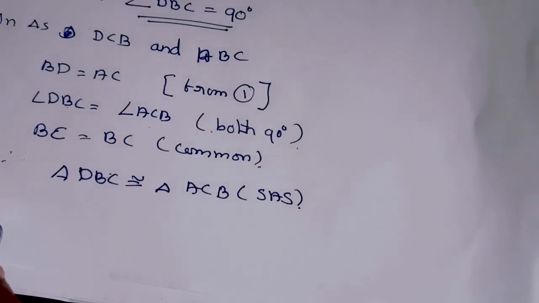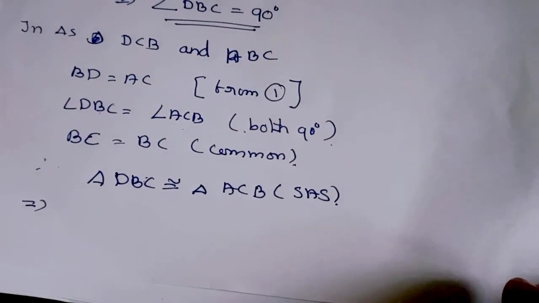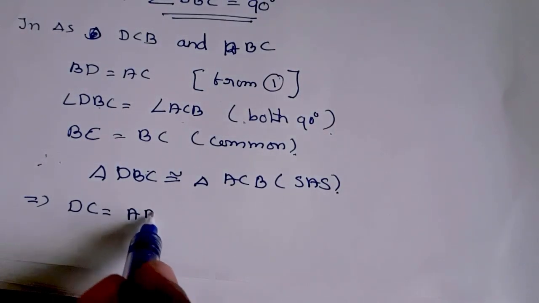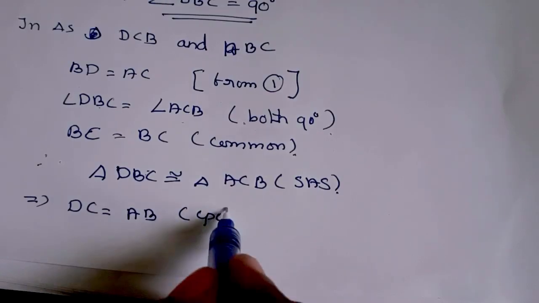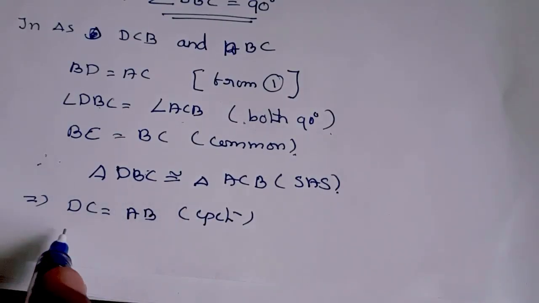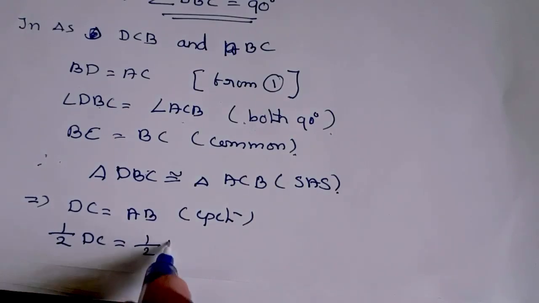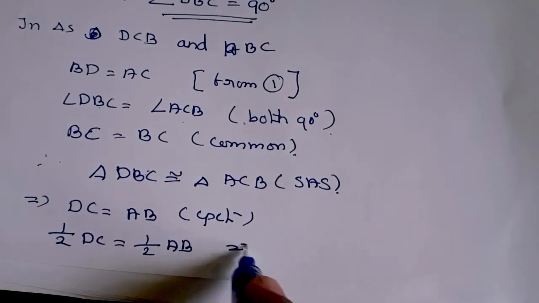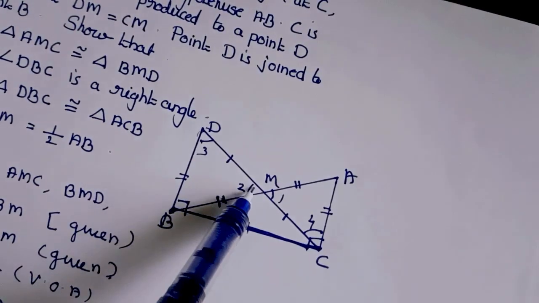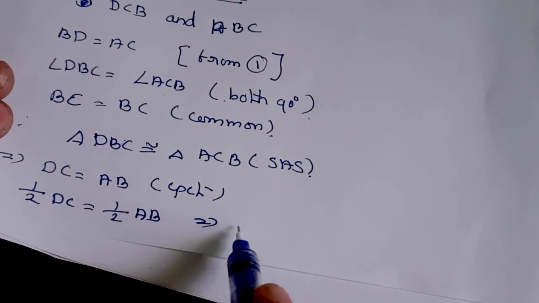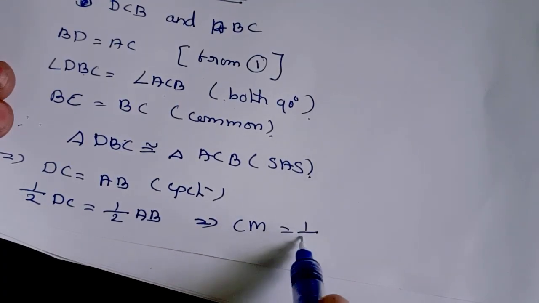Hence that implies DC equal to AB, reason CPCT. Therefore taking half on both sides, we get half DC equal to half of AB. Half of DC is CM. That is, CM equal to half of AB.